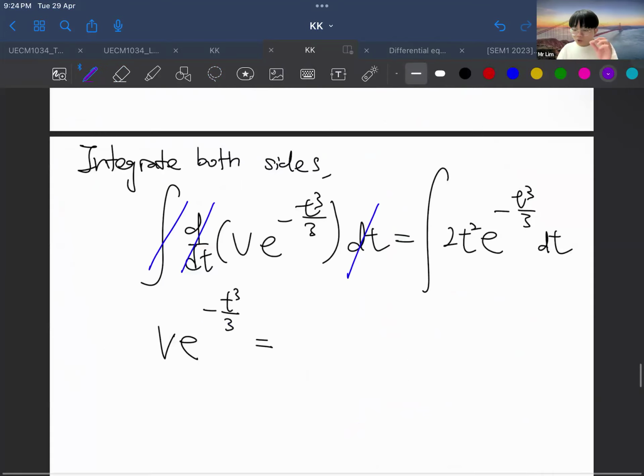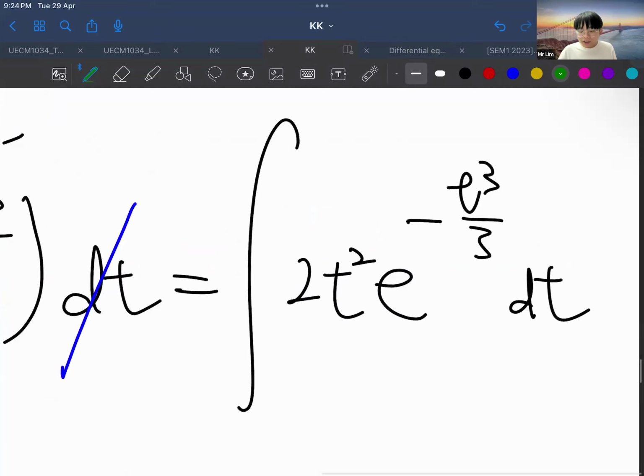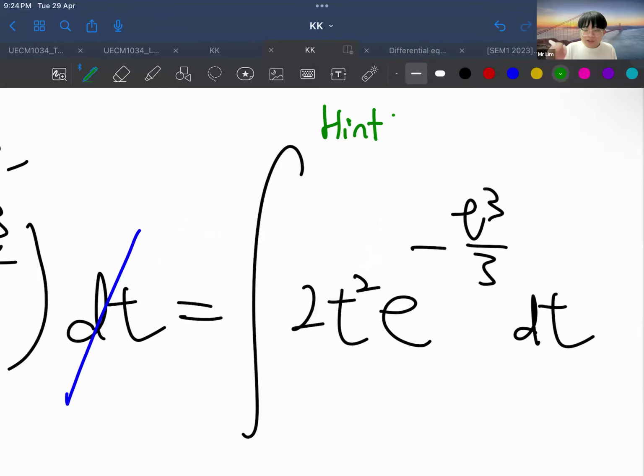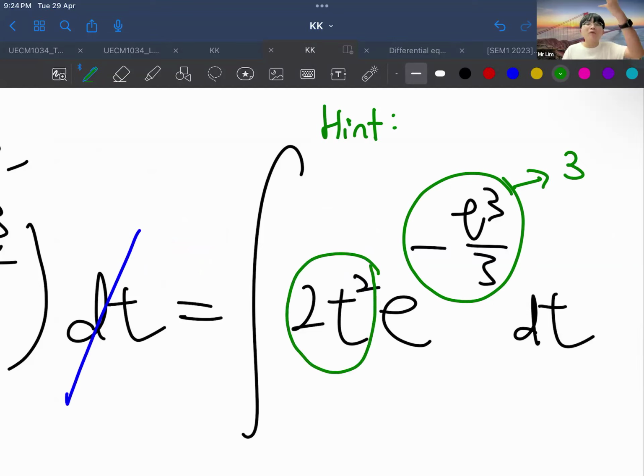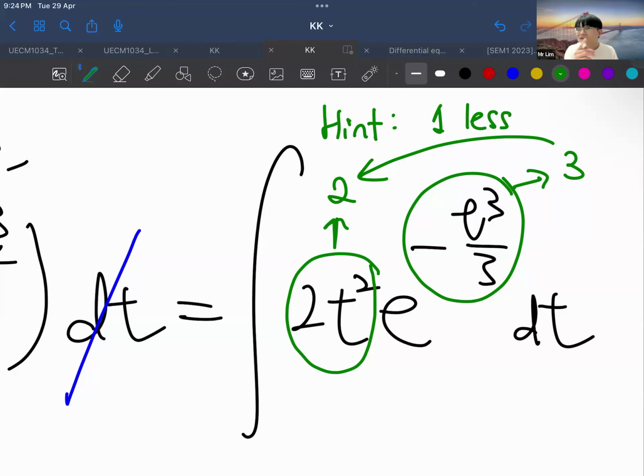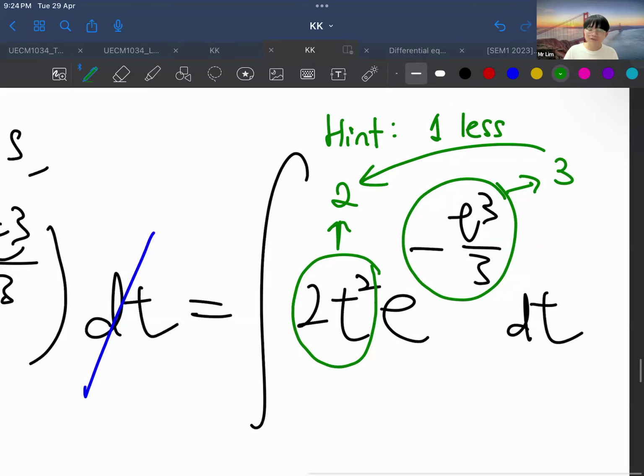Now let's look back again at this integral. What should we use? The hint is actually here. The index power is 3, or the degree is 3, right? And what is multiplied with the exponential is of degree 2. If it is one less, then you are able to use u substitution.